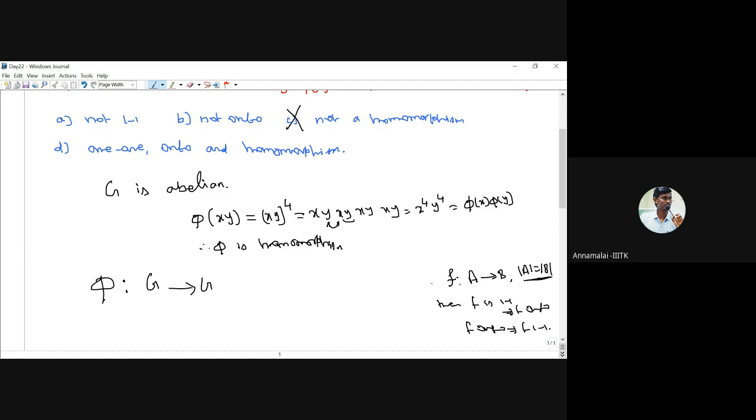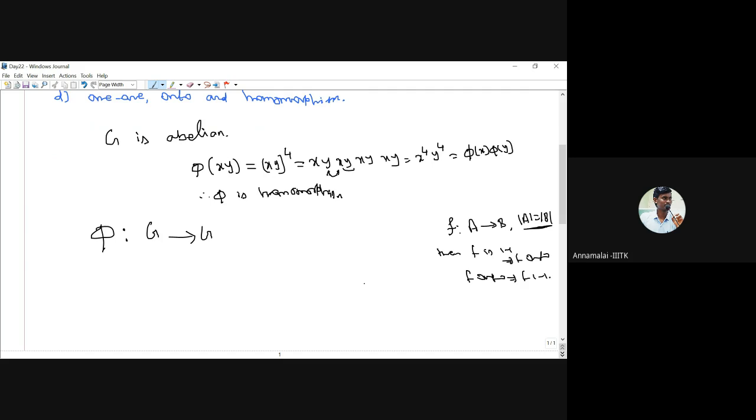Now to prove the function is 1 to 1, we already know this is a homomorphism, so we check the kernel. If the kernel of the homomorphism contains only the identity element, the function is 1 to 1. Suppose the kernel contains more than one element, the function is not 1 to 1.